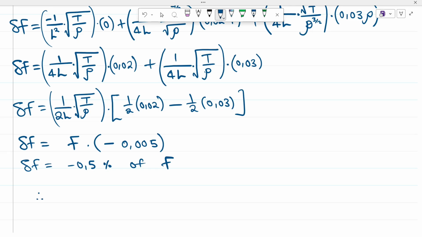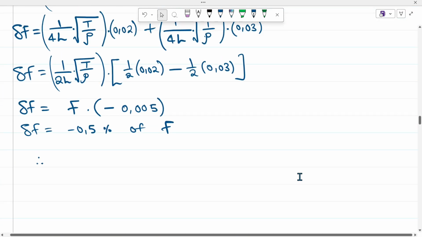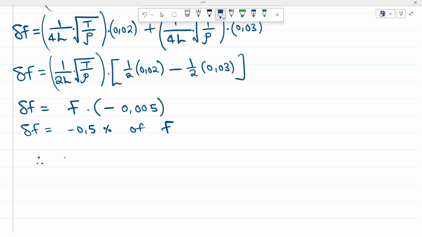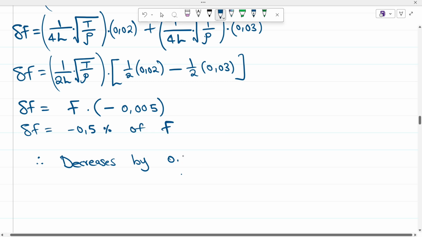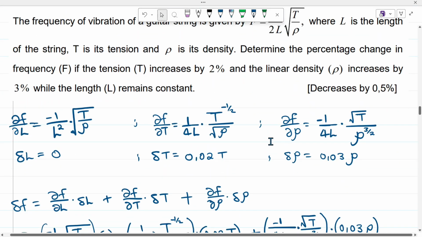That is to say, if we conclude this, f is going to decrease by 0.5%. It decreases because of this negative sign here, so it decreases by 0.5%. So that's it, we've answered that question.